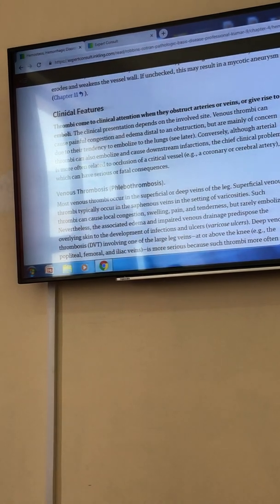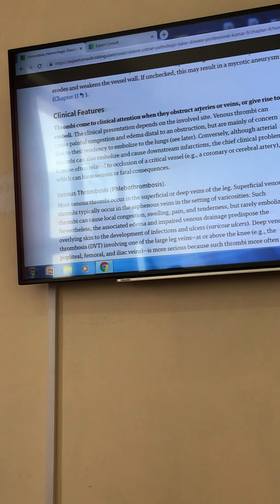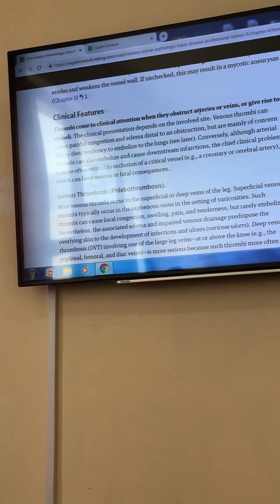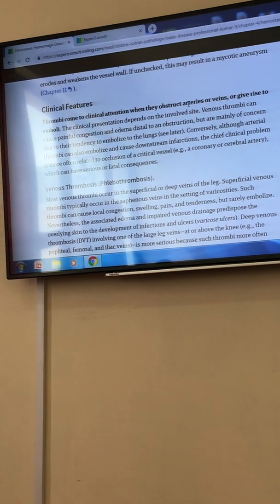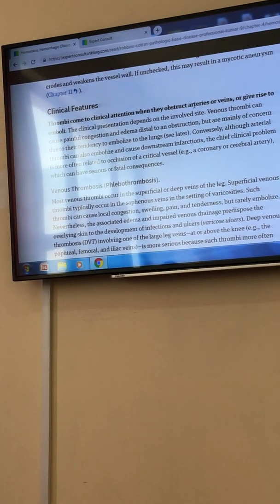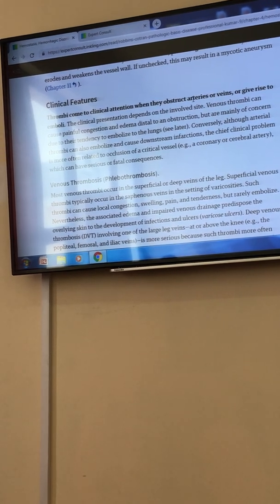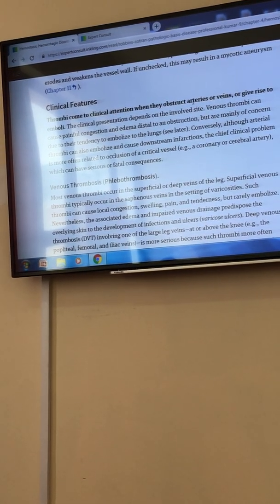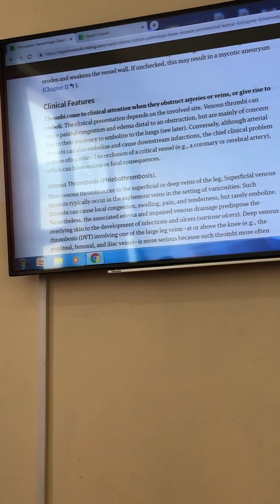What are the clinical features of a thrombus? They can obstruct arteries or veins, or cause emboli. Clinically, a thrombus can obstruct a vein or artery, so there is a risk of infarction and gangrene. In the heart, myocardial infarction; in the cerebrum, stroke; in the extremities, it can cause gangrene.